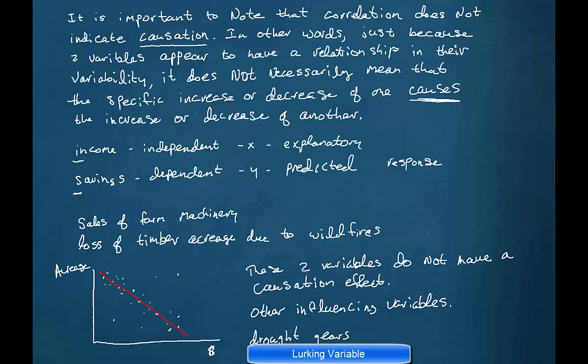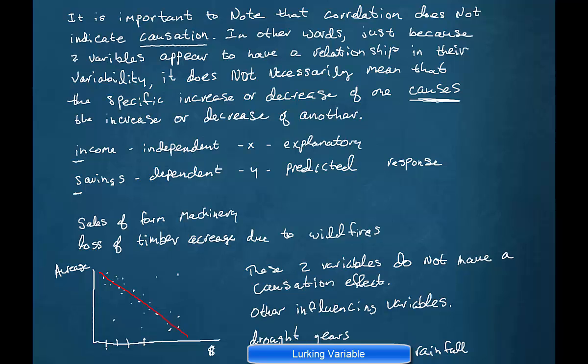So if we consider rainfall, then, when we have less rainfall, we have fewer dollars available for the purchase of farm machinery due to loss of farm production. So that would put us down here towards the bottom end of this axis.